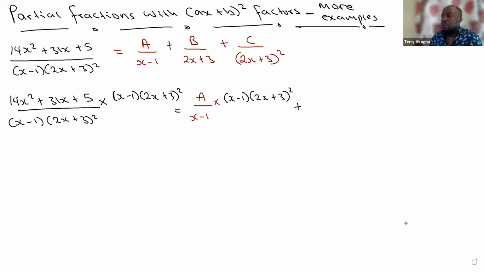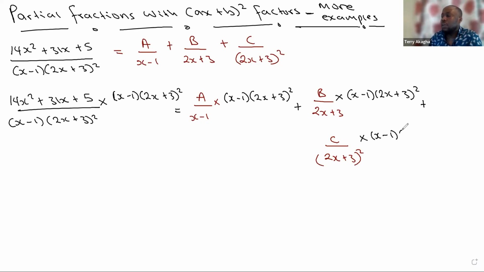This is going to be B divided by 2x plus 3 multiplied by x minus 1, 2x plus 3 all squared, plus C divided by 2x plus 3 all squared multiplied by the denominator, which is x minus 1, 2x plus 3 all squared. Right, now we're done with that.